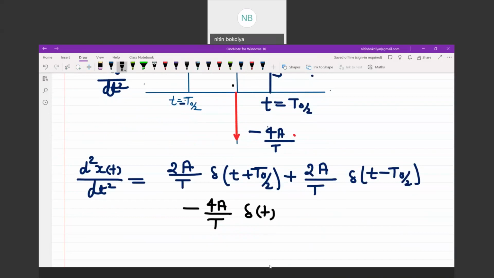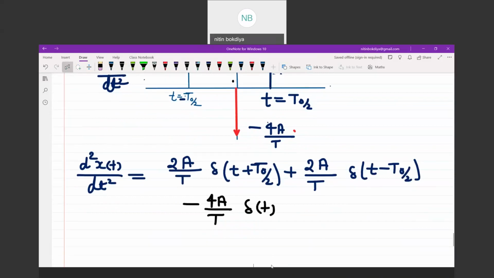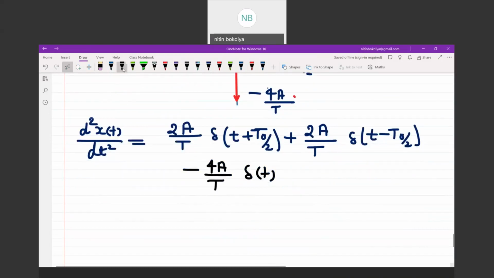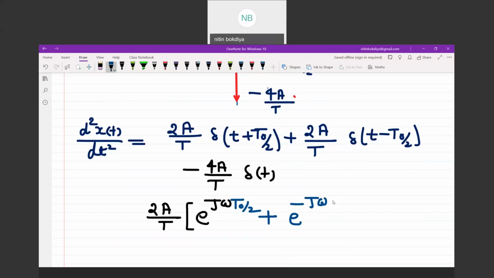And it is very easy to find the Fourier transform for all the functions. You know that the Fourier transform of delta t is 1. So you can take 2a by t common from here, and this will be e to the power j omega t naught by 2 plus e to the power minus j omega t naught by 2.